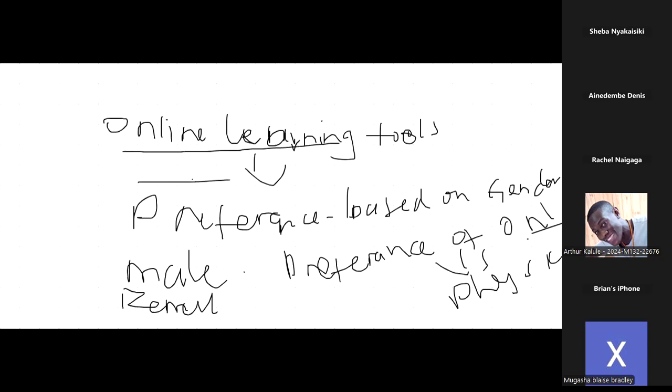We want to see that if we prove the alternative, it rejects the null hypothesis automatically. What would be the alternative hypothesis here? Let me clear this. The alternative hypothesis would look at the aspect of gender and online learning.